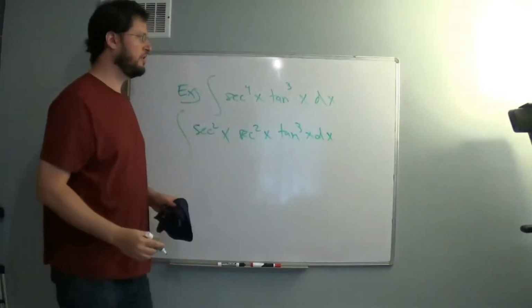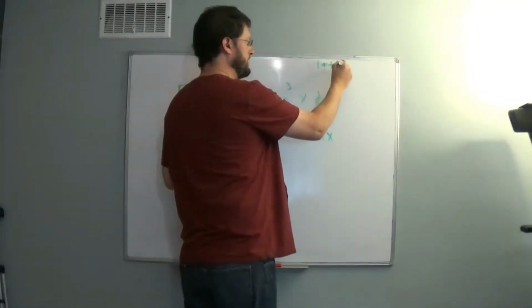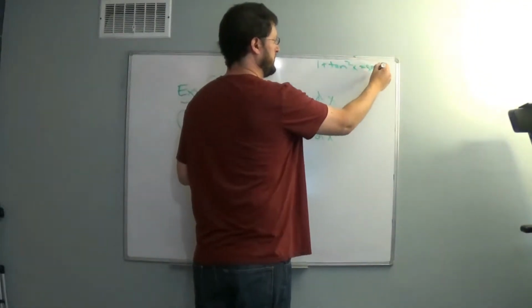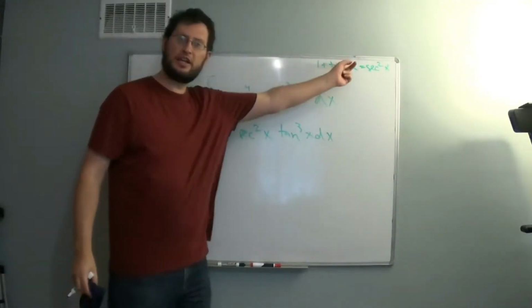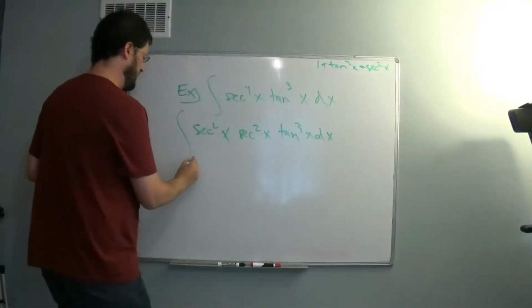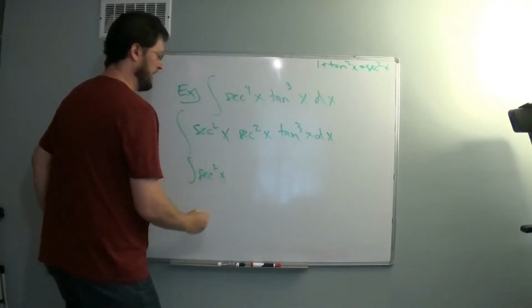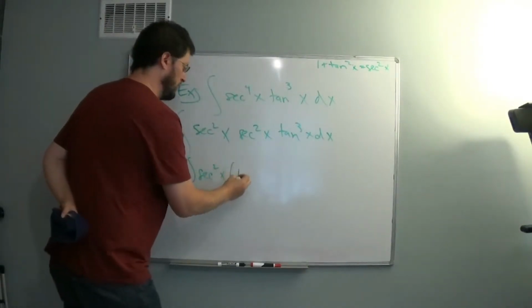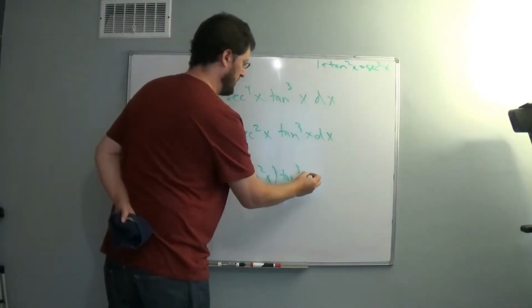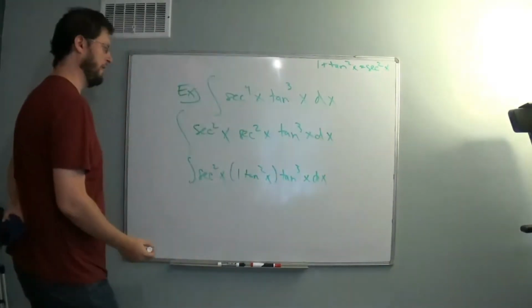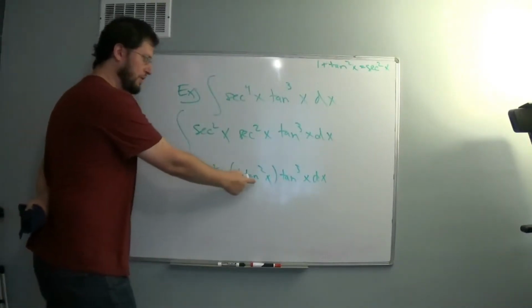Then because 1 plus tan squared is secant squared, I can turn these other secants into tangents using that formula. And we have secant squared x times 1 plus tan squared, times tan cubed. Remember, we're saving this secant squared because it's the derivative of tangent.